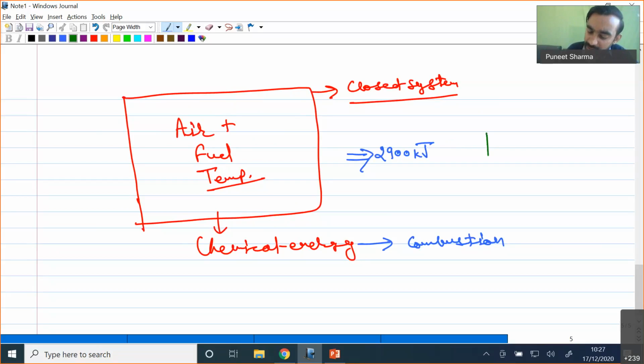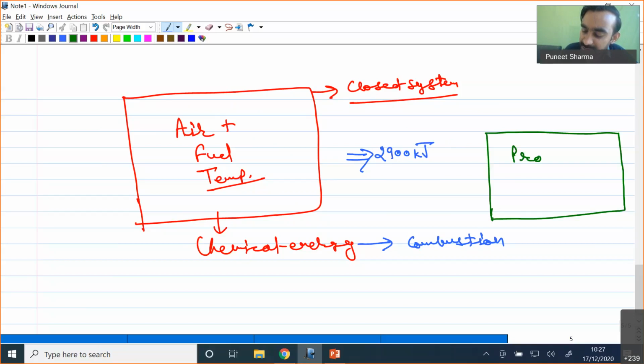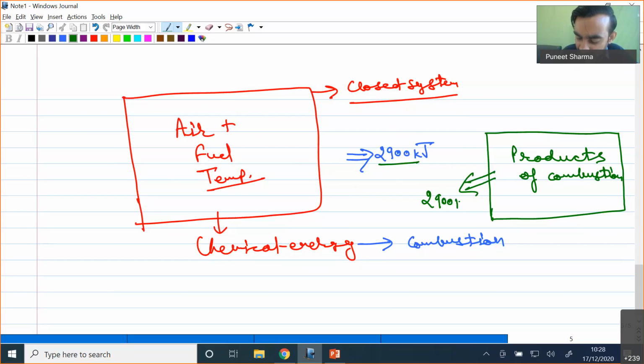Finally, my system will now have products of combustion. Because this air and fuel mixture has oxidized, I now have products of combustion, and while this fuel has oxidized with air, it has released 2900 kilojoule of energy. I am saying that this amount of energy has been released from the products of combustion and gone to the surroundings.